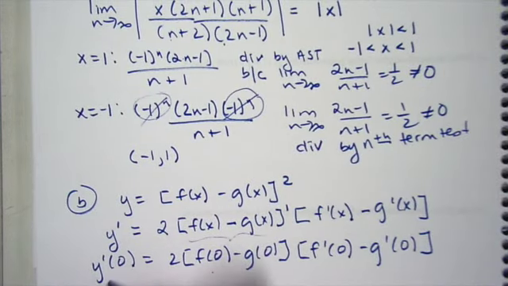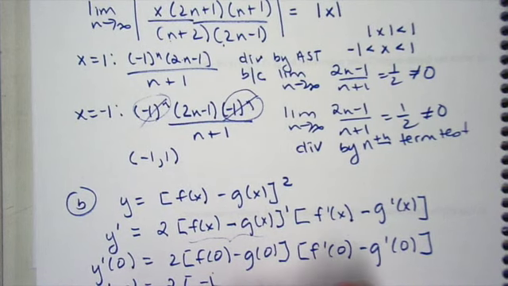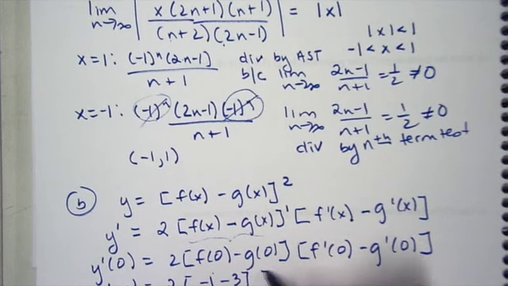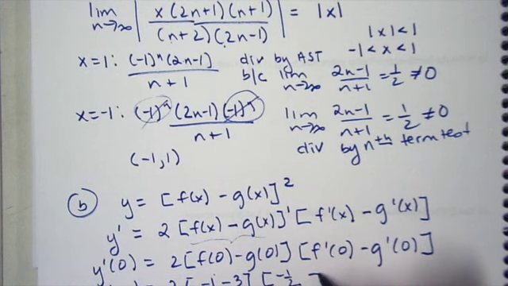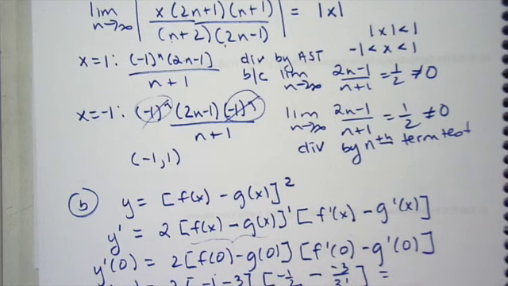So all those values I can go ahead and plug in, and if you do that, this is what I end up with. I believe this is -1 minus 3, and then this is -1/2 minus -3 over 3 factorial. And if you simplify all this, do the arithmetic, this is 0. So yes, there is a possibility of a relative max or min. If this was not 0, you would say neither. There's no horizontal tangent, so there's no possibility of a relative max or min.